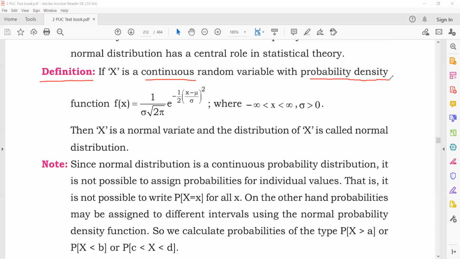Therefore, we say probability mass function. In case of continuous variables, probability becomes the area. Concept of area comes into picture when you look into the density. Therefore, we call such distributions, continuous distributions, as probability density function.